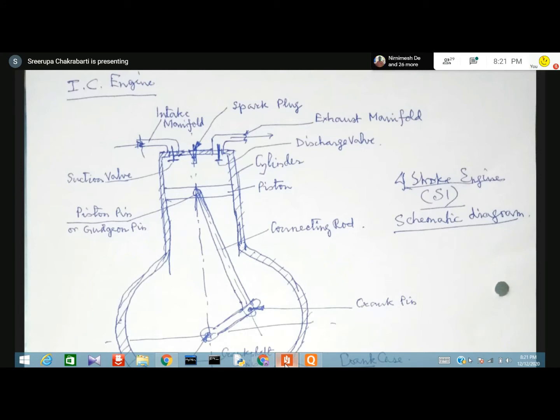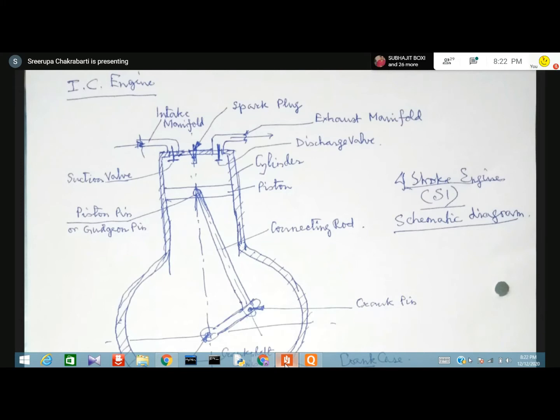For that occurrence of the spark at that particular instant, again there is a mechanism. That is again an electrical phenomenon. One thing is that for the spark to be generated, 12,000 volts has to be produced from 6 volts or maybe 12 volts. This step up is to be done. That is one part of the electrical circuit.